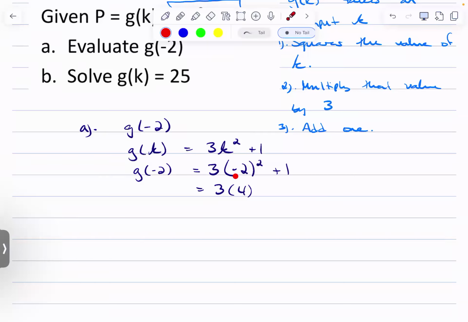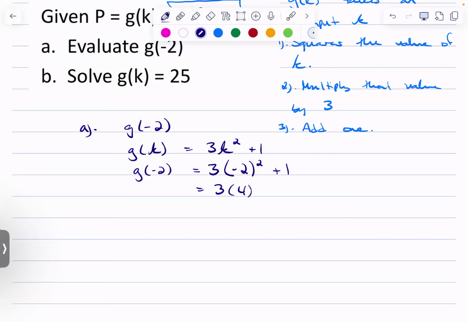But some calculators, if you do -2 to the power of 2, it's really just squaring the 2, which would be like -2 squared, which is -4. That's wrong, right? Because you want the -2 all to be squared. So either just drop the negative or put the -2 in brackets before you square it. Both are good options. But as long as you remember that any value squared has to be positive, then you're okay.